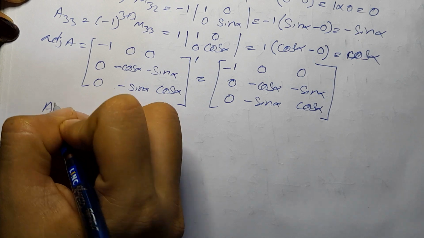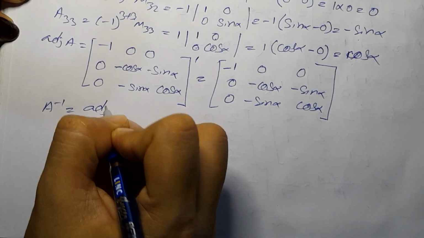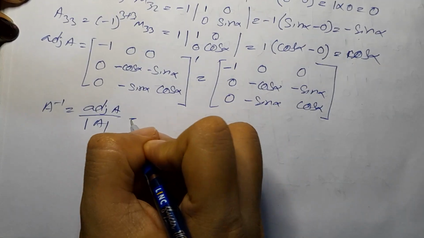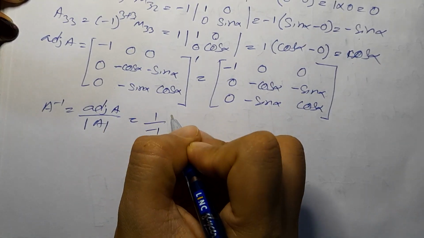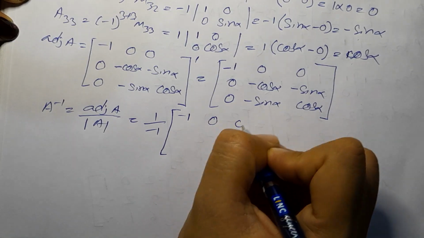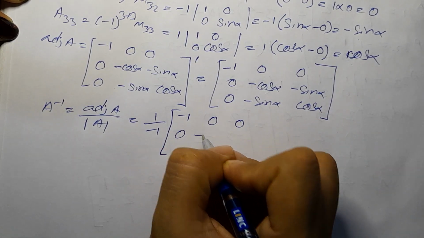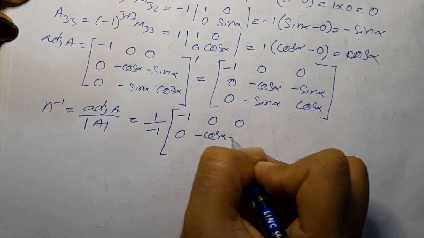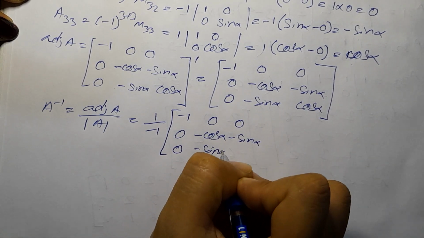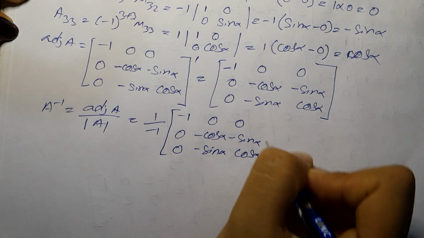We need the inverse. So inverse is equal to adjoint of A divided by determinant of A. Determinant of A is minus 1, so 1 divided by minus 1 times the adjoint of A: minus 1 0 0, 0 minus cos alpha minus sin alpha, 0 minus sin alpha cos alpha.